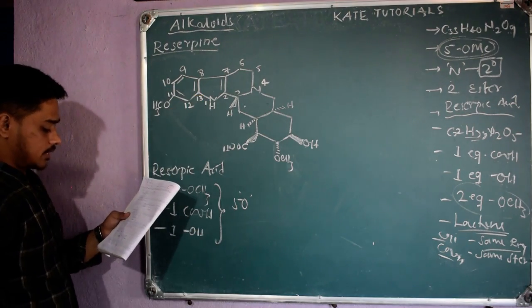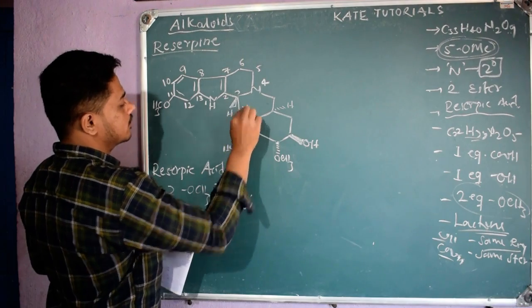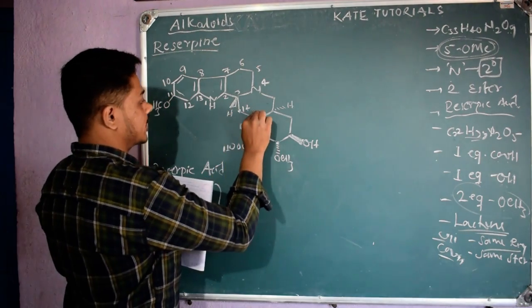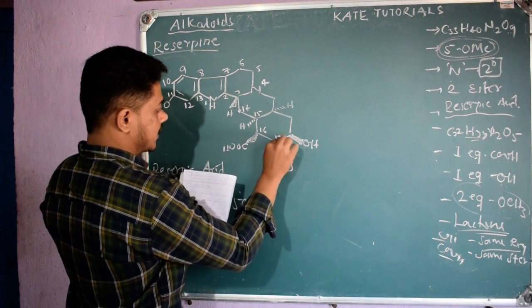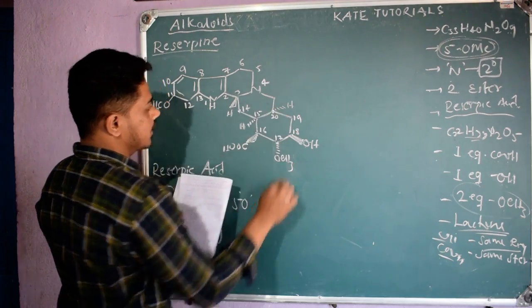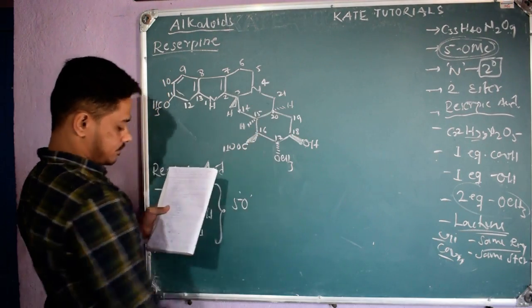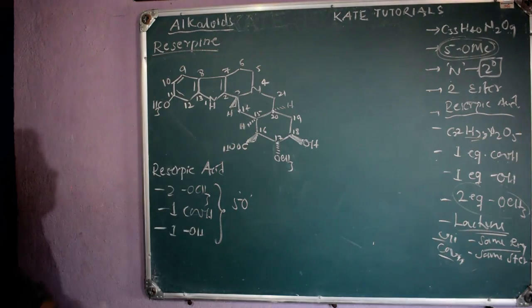After 13 this carbon is there, it was 14, this carbon is 15, this carbon is 16, this is 17, this is 18, this is 19, and this carbon is 20, and this carbon is 21. This is how they numbered it.